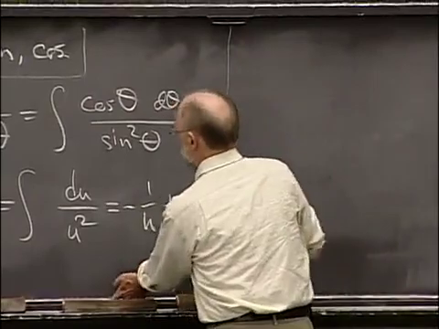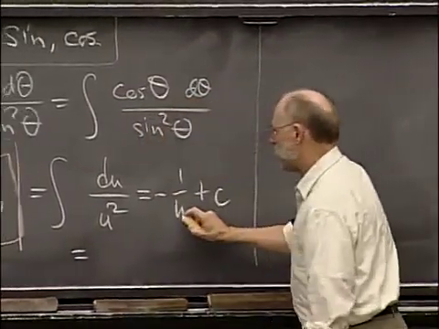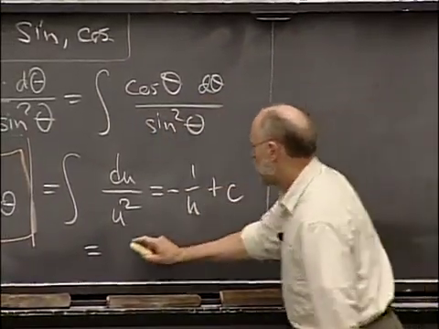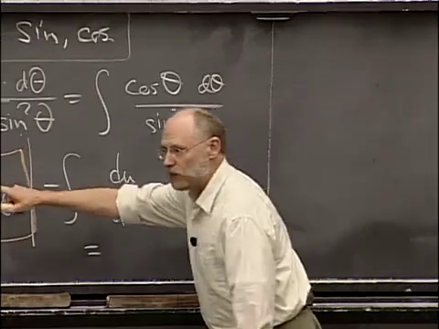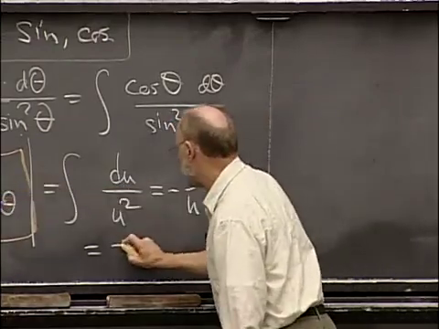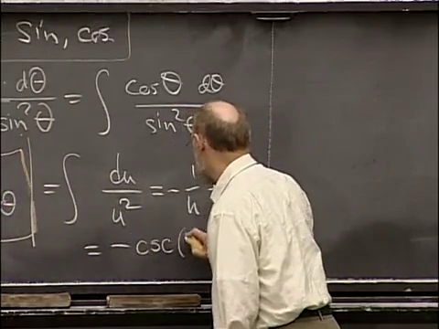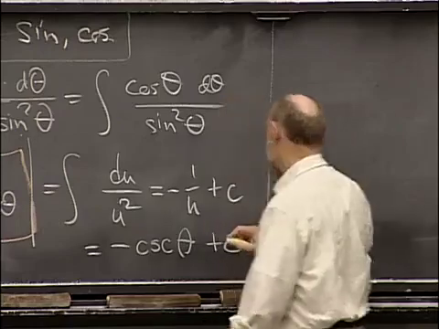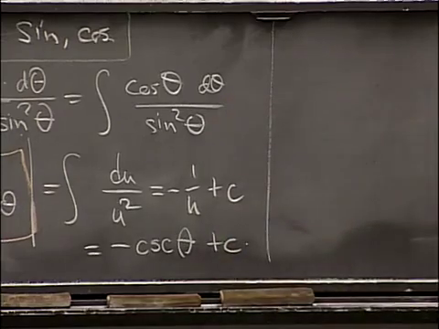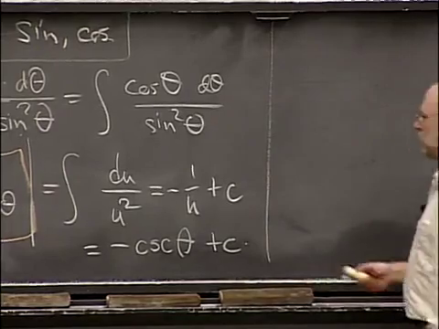So this first substitution isn't so bad to undo, to back substitute, because u was just the sine of theta. And so 1 over u is, I guess a fancy way to write it, the cosecant of theta. Right, 1 over the sine is the cosecant. So I get minus the cosecant of theta plus a constant.